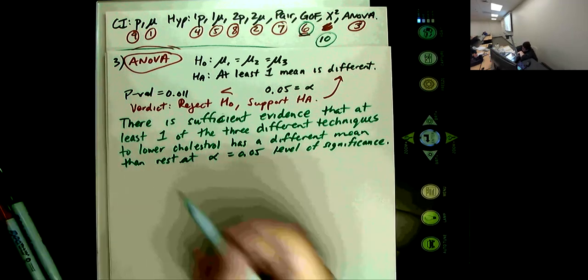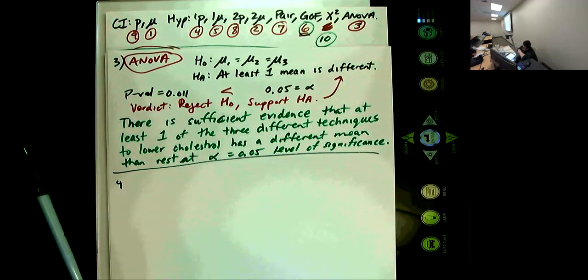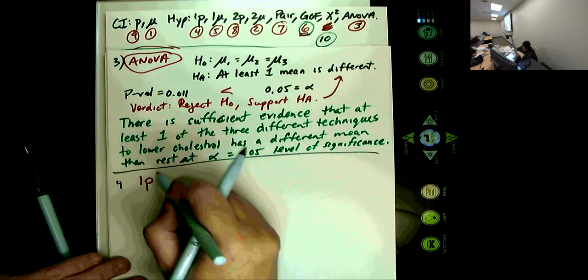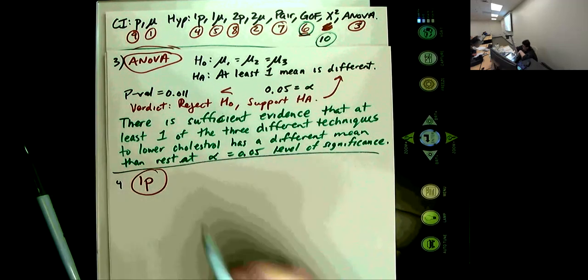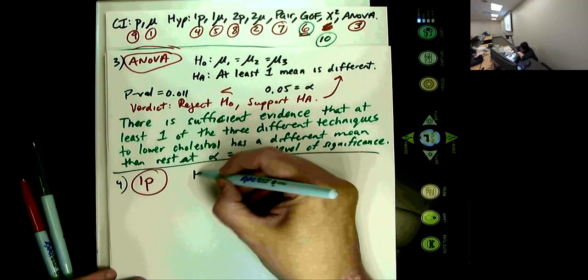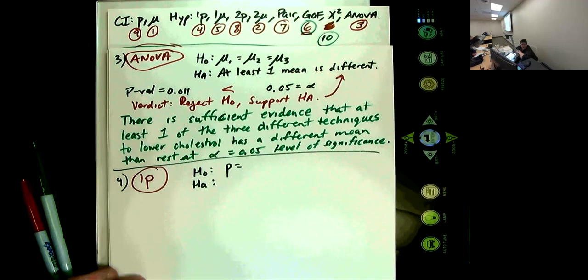Number 4. Number 4 was my 1 proportion test. So the H naught for a 1 proportion is P equals something.